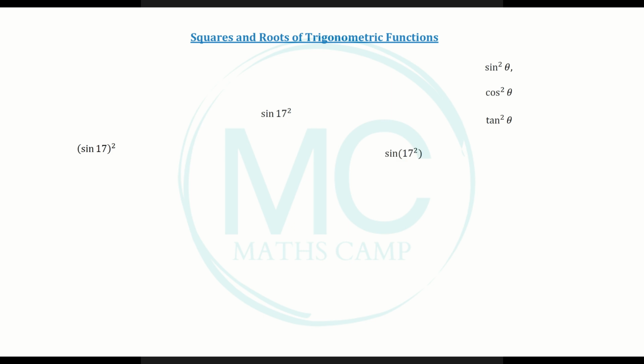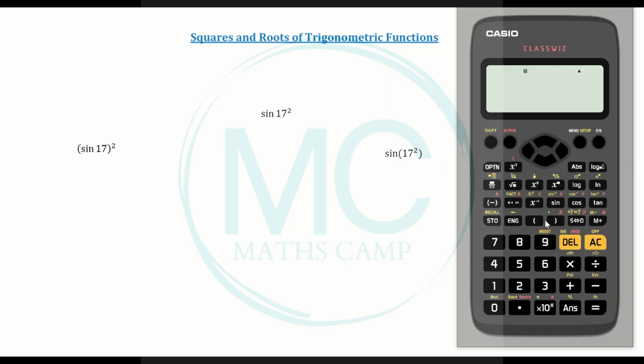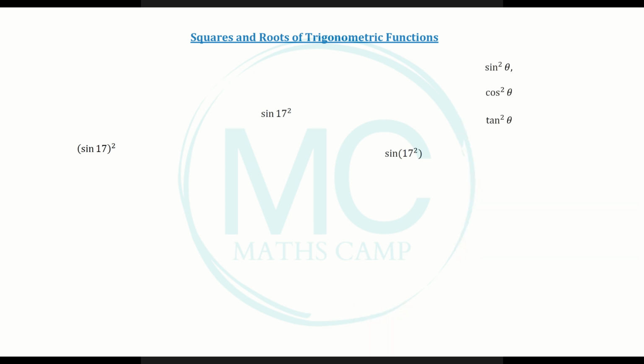Let's put sine 17 squared into our calculator. So we say sine 17, close the bracket, squared. We get an answer of 0,085, round off to two decimal places, and we get 0,09.